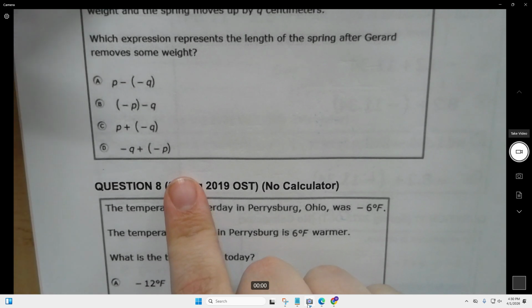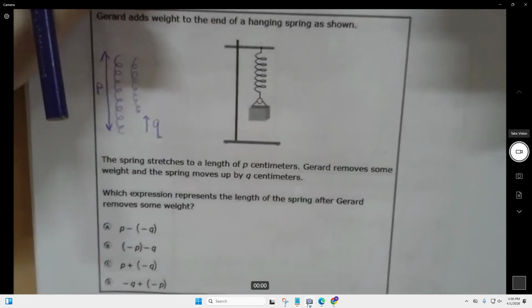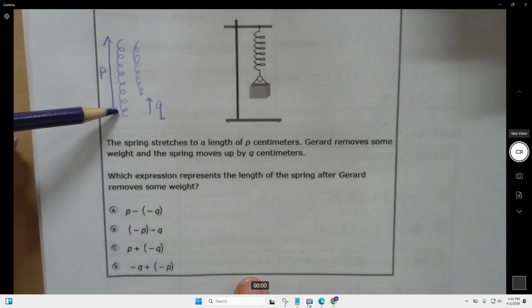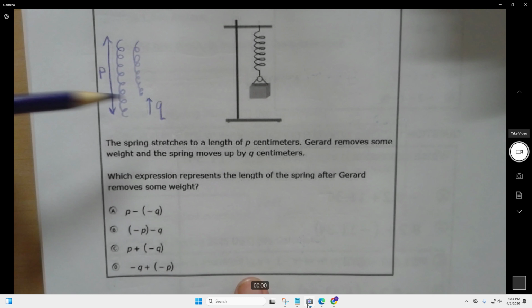And then he removes some weight, and the spring moves up by q centimeters. The spring stretches down p centimeters, and then he removes some weight and it moves back up q centimeters.